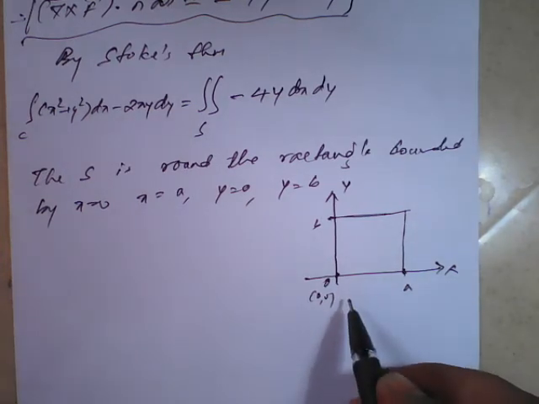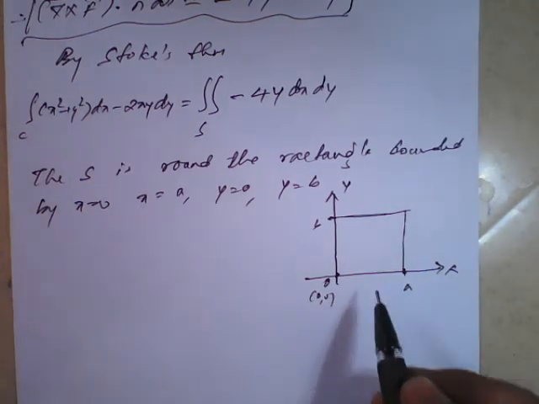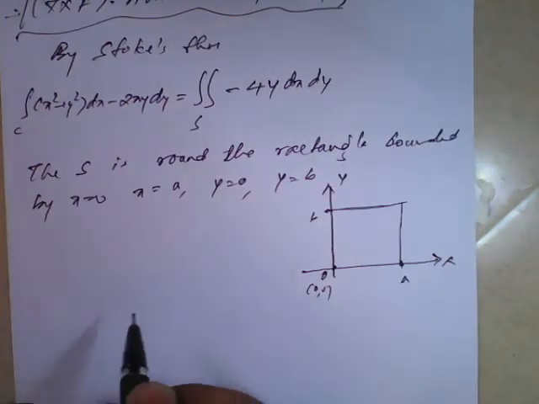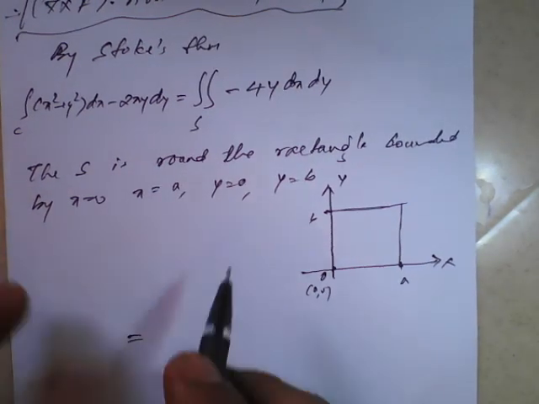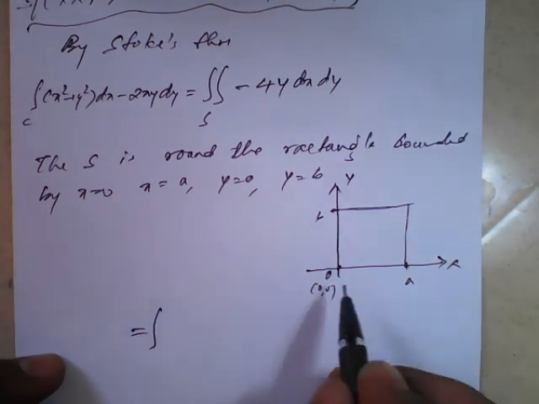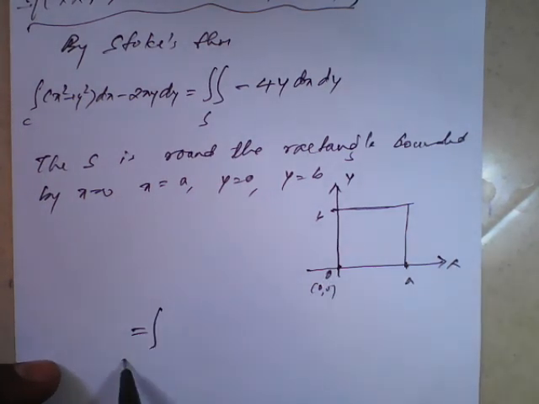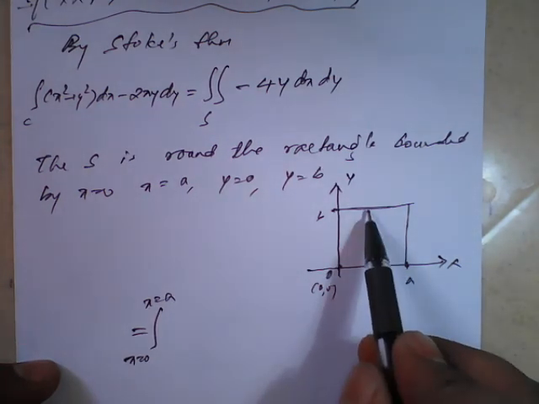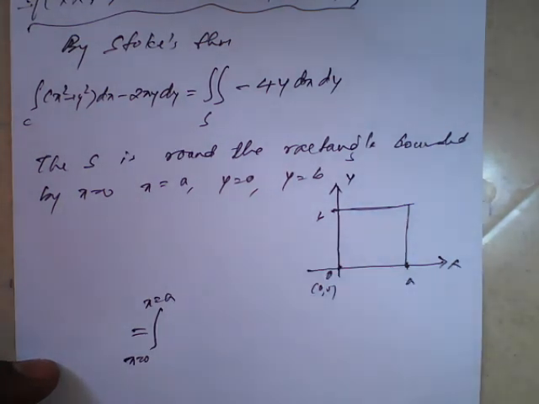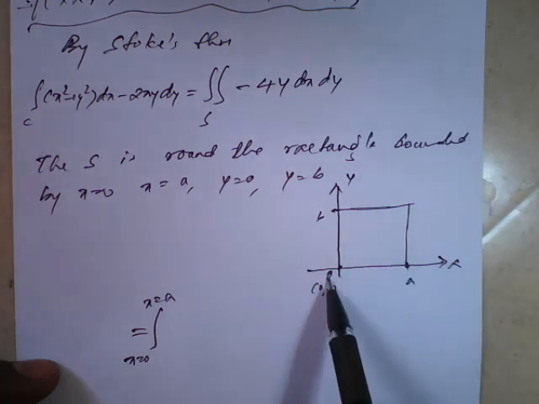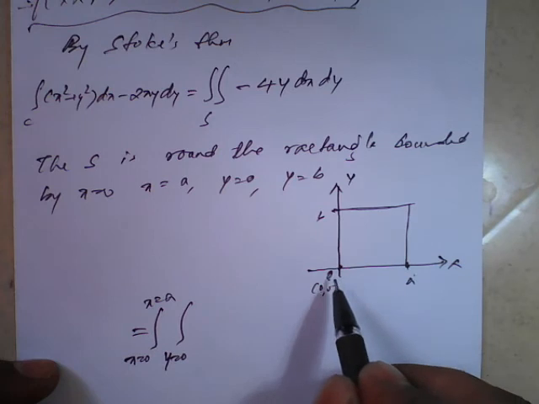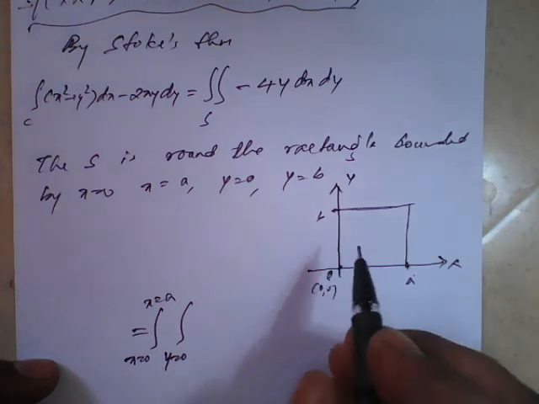Based on this, we need to write the integration, which is equal to a double integration. x varies from 0 to a, and you draw a strip. So this is the complete surface. x varies from 0 to a and y varies from 0 to b.